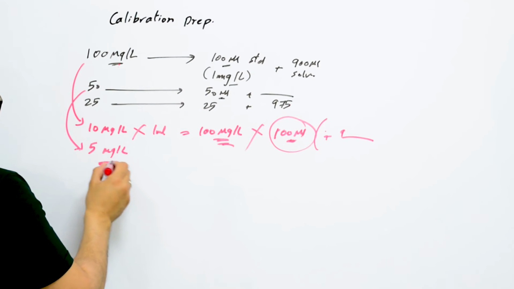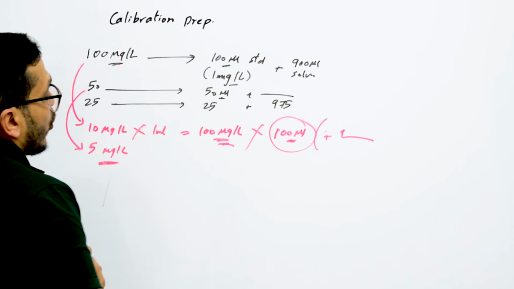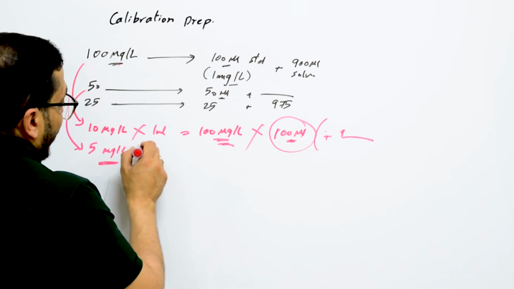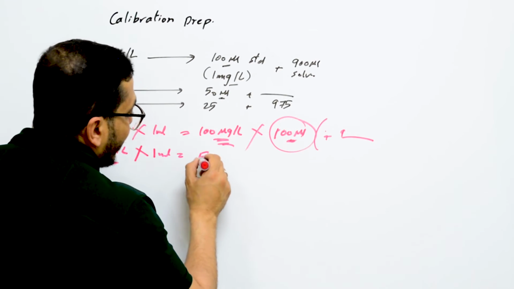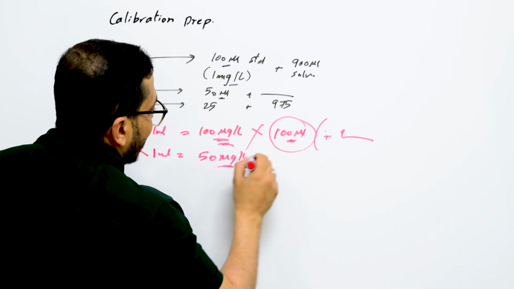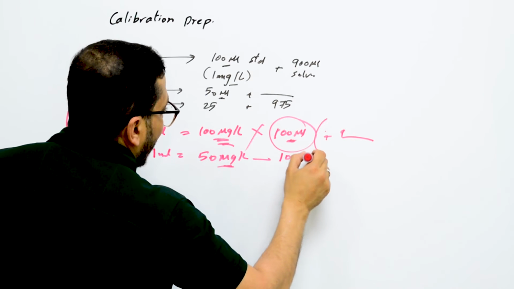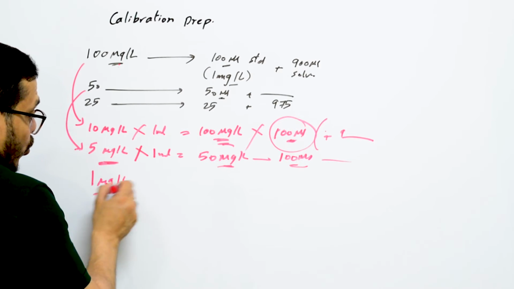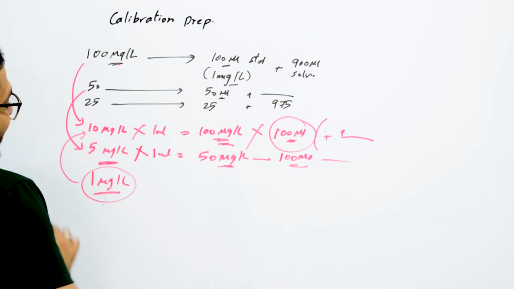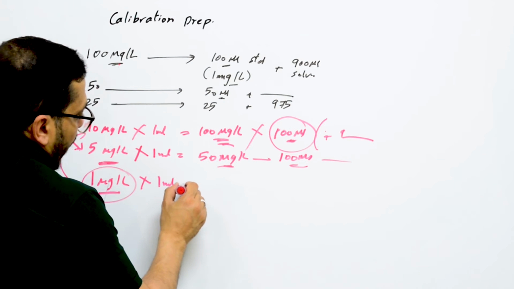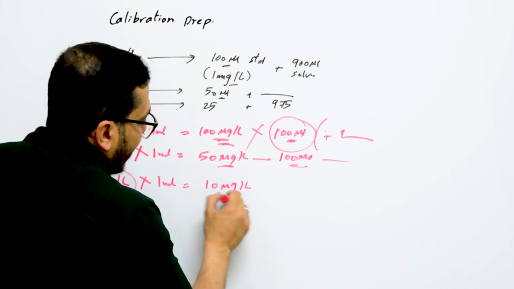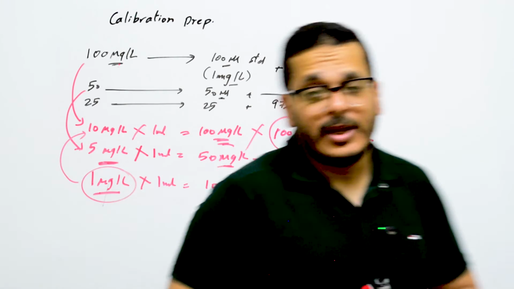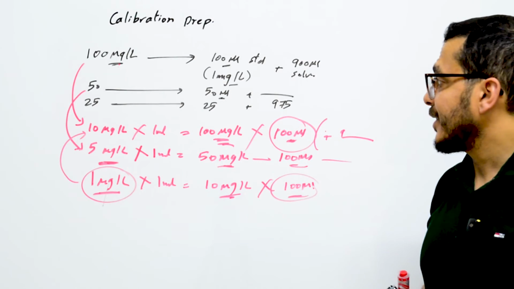It is better to prepare from the nearest concentration, not from the highest concentration, because error will increase. 5 microgram per liter in 1 ml from 50 microgram per liter: you need to add 100 microliter plus 900 microliter. Then 1 microgram per liter, the lowest concentration, you can prepare from 10 microgram per liter in 1 ml. You will add 100 microliter from 10 microgram per liter plus 900 microliter from the solvent.